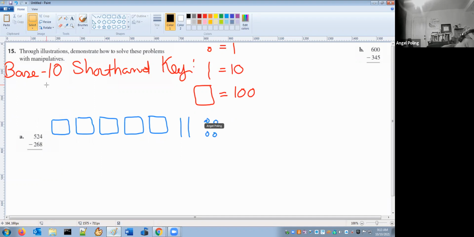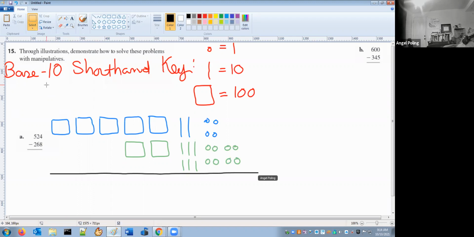Our second number has 2 hundreds, 6 tens, and 8 units. And we want to do subtraction, right?